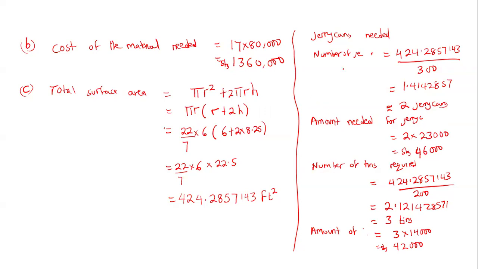I will first subtract the money, the 46,000 minus 42,000, and I get 4,000. Then I conclude and I say that this man, when he uses the number of tins, he will save 4,000 compared to the jerry can.